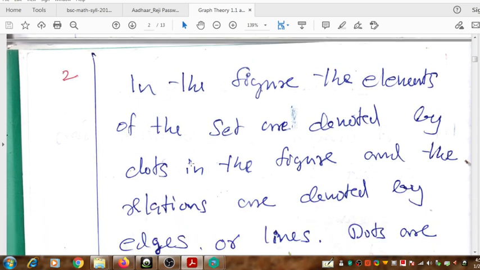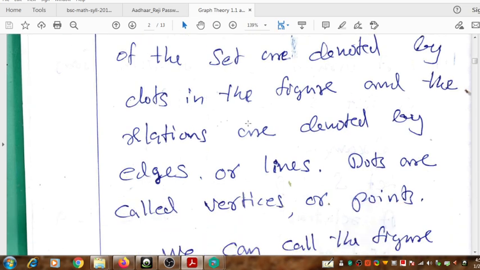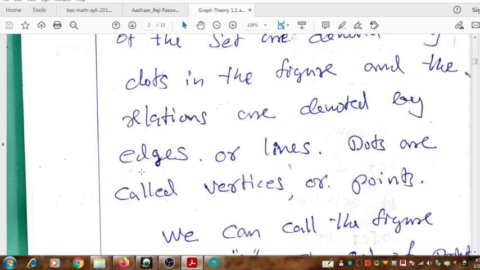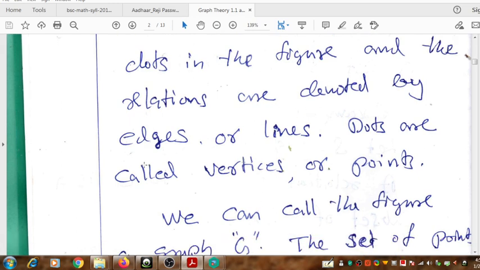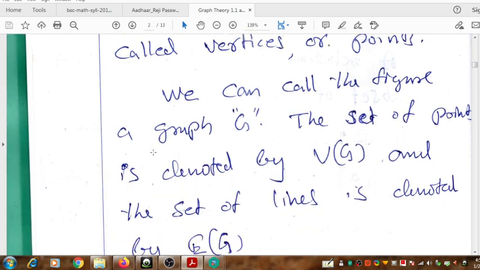Next, see in the figure, the elements of the sets are denoted by dots, and the relations are denoted by edges or lines. Dots are also called vertices or points. We can call the figure a graph.